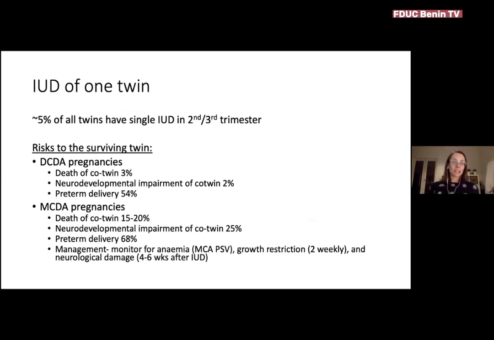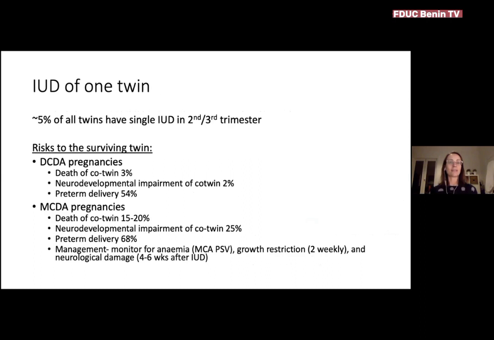And then unfortunately, in the second trimester, one of the uses of ultrasound is in diagnosing intrauterine death of one twin. About 5% of all twins have a single intrauterine death in the second or third trimester, so it is relatively common. And the reason that it's important to diagnose the intrauterine death is because of its impact on the co-twin, which depends on the chorionicity again.